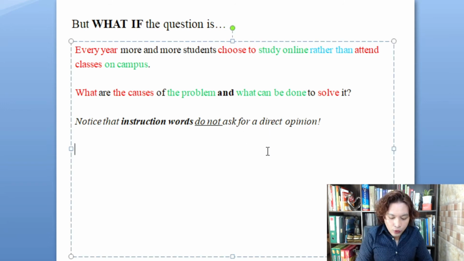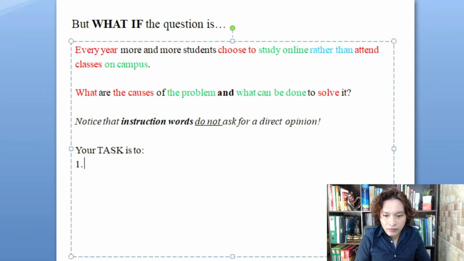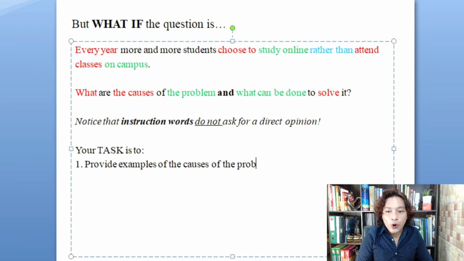Since it's not asking for your direct opinion, what you must do is provide examples. It's asking you the causes of the problem, so you need to provide examples of the causes of the problem. Again, not just the problem itself.